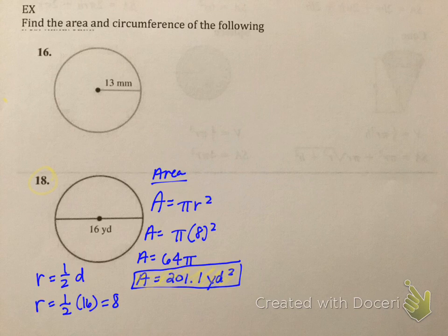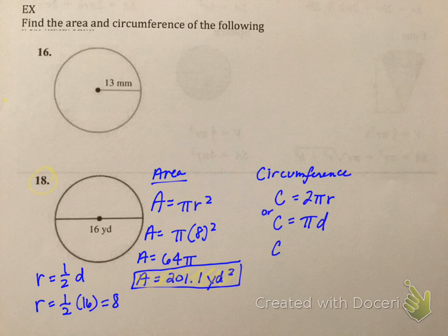Okay, now for the circumference. Circumference of a circle is found by 2 pi r, or we can find this by taking pi times the diameter. Since I was given the diameter, I'm going to go that route.